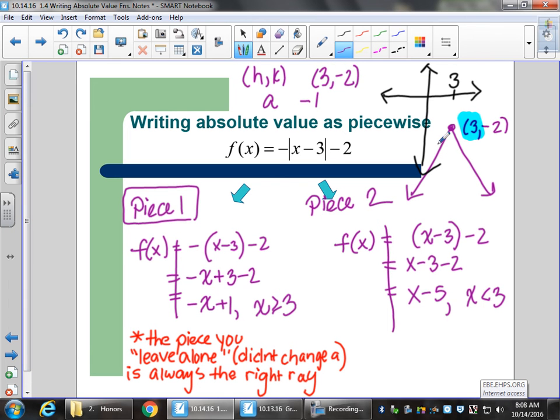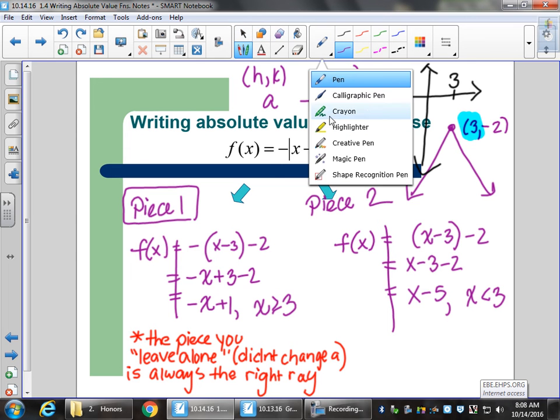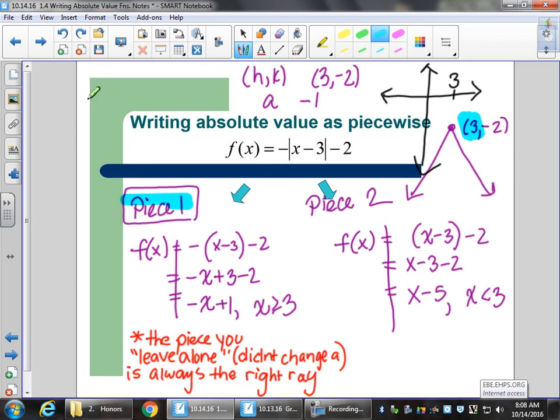Don't overthink this. Think back to domain and range of piecewise functions. I'm going to make this one yellow. This is piece 1. This is the expression that goes with piece 1, and that's the right ray. Decreasing slope, I have a decreasing line.